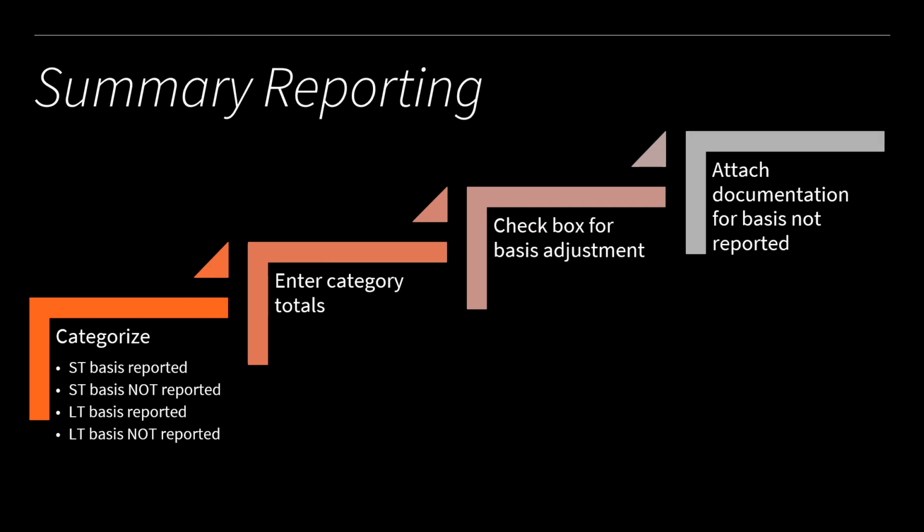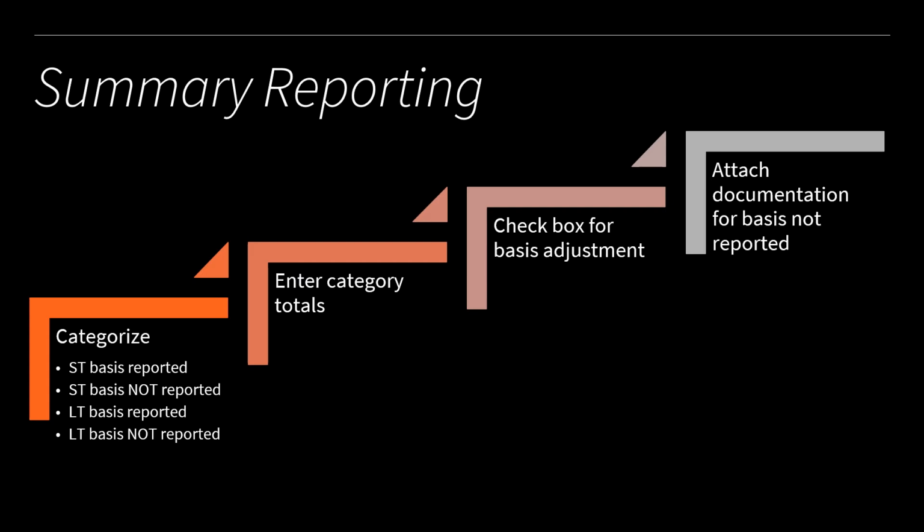And then if there was a basis adjustment to any of these sales, you would check the box for the basis adjustment for the category where that particular transaction was included.